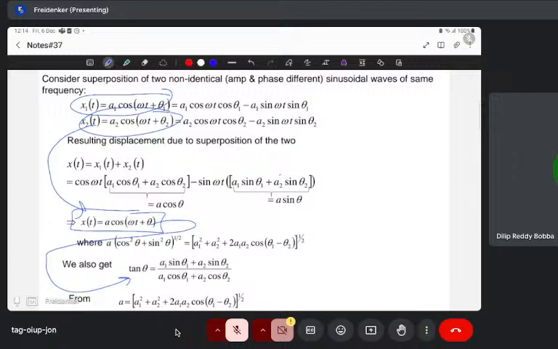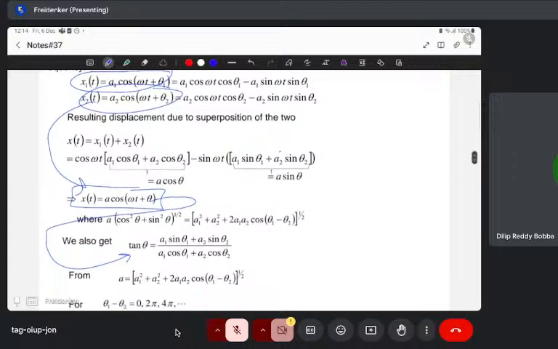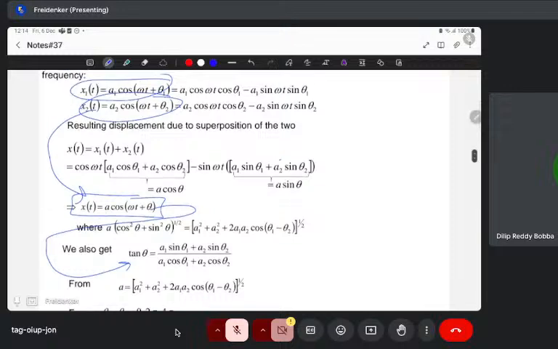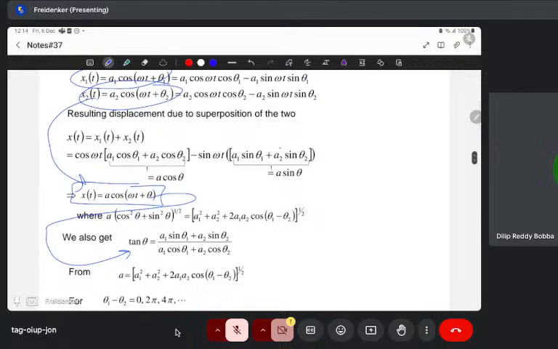And is there any other new term? Okay, A. A is also there, no? A is new because we have A1, A2, theta 1, theta 2. Tan theta is given by this relation. A is given by this relation. Interesting.